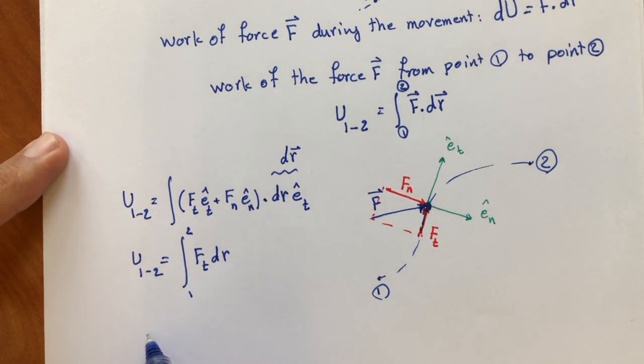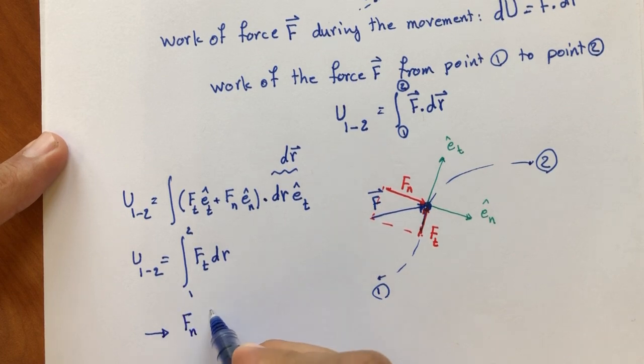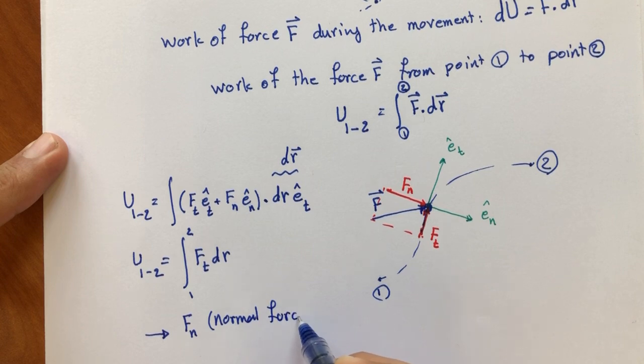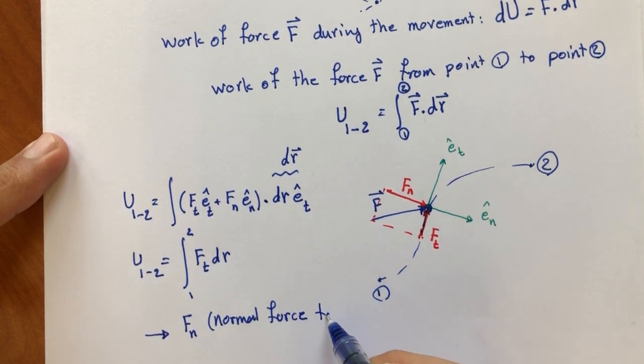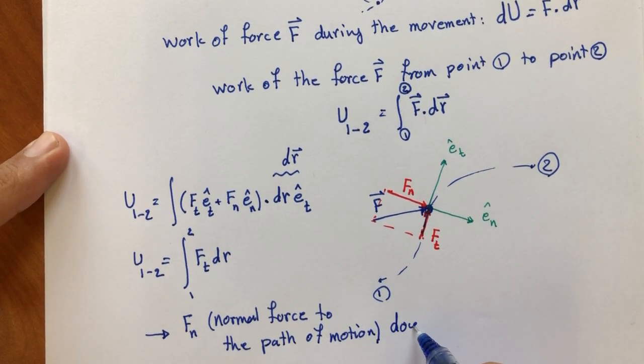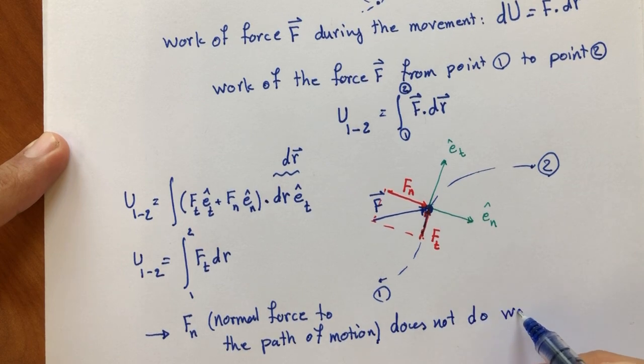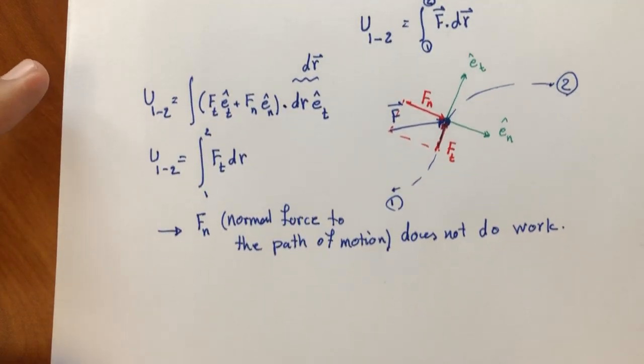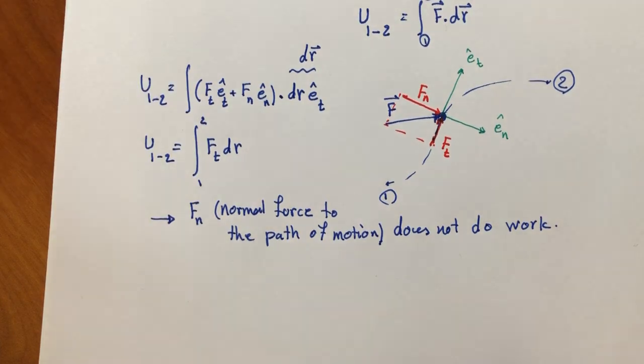So this is one of the important results: Fn, the force normal to the path of movement, doesn't do any work. Which is a very important property.